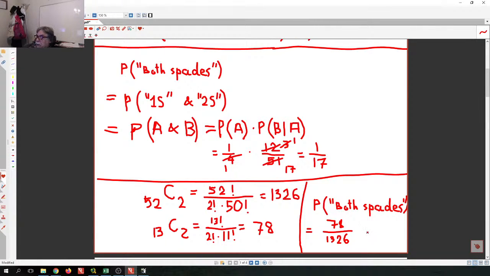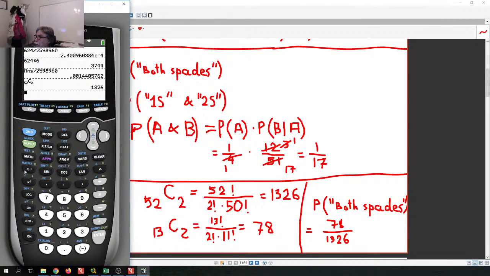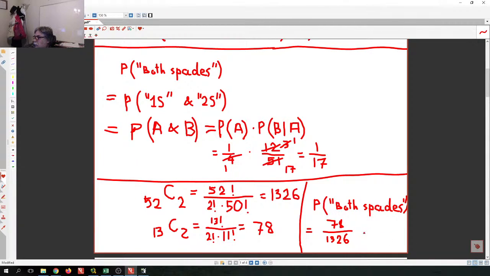Not a small number, but guess what? This is 1 out of 17. I'm going to show you by simply dividing 1326 by 78, which is easy, but I'm going to use a calculator, of course. 17. So this is indeed 1 out of 17.